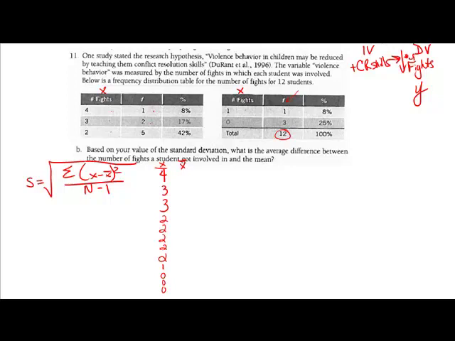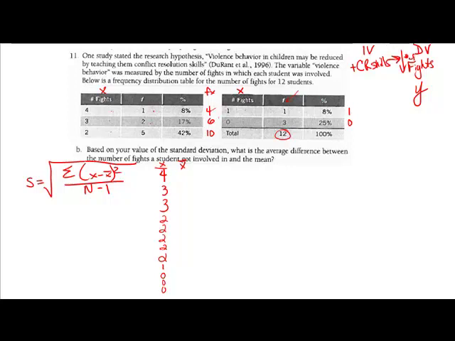X bar, I need to do the sum of all of our x's. Quick way to do that, f of x, frequency times x: 4, 2 times 3 is 6, 2 times 5 is 10, 1, 1, and 3 zeros. So let's add these up.